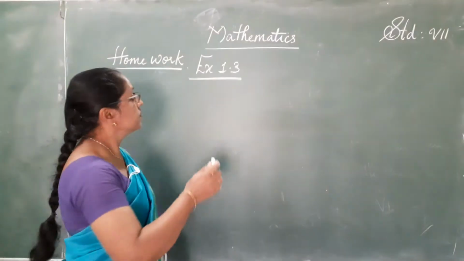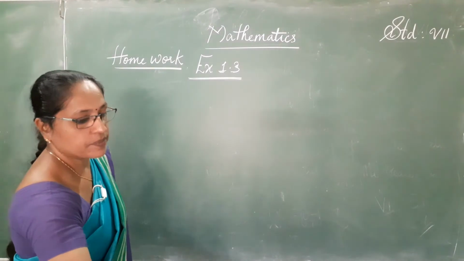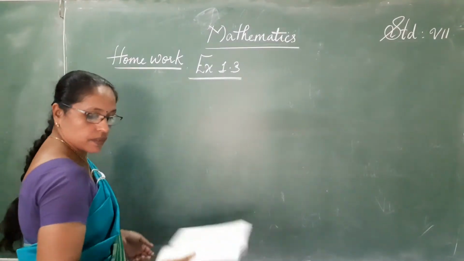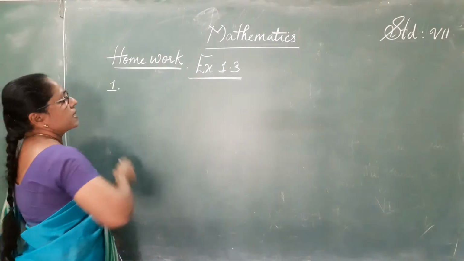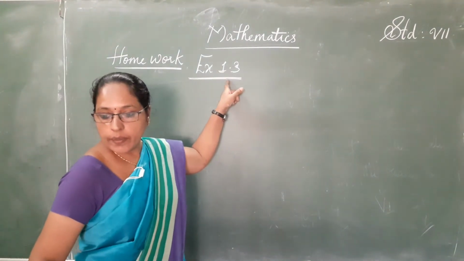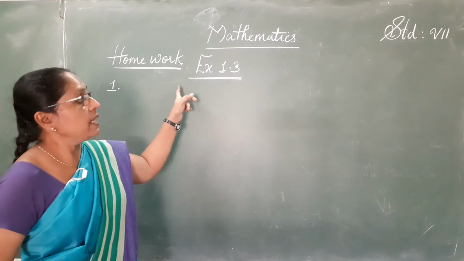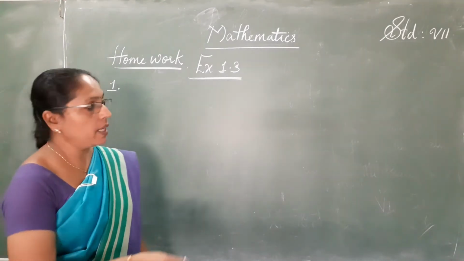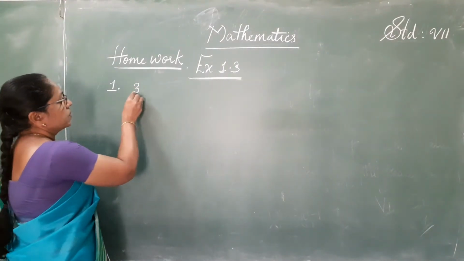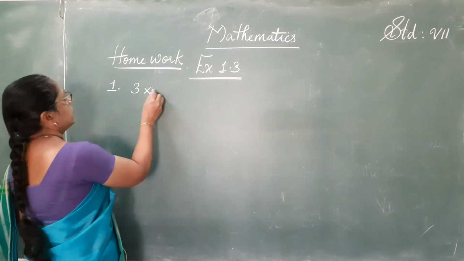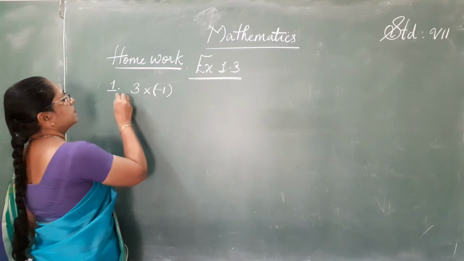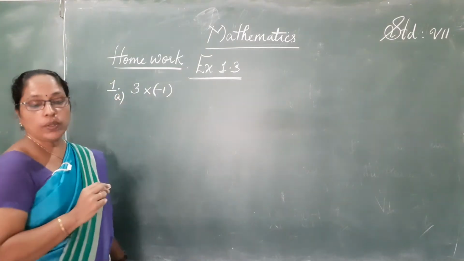Okay, question number 1. Exercise 1.3, question number 1. Find each of the following products. First one, A part: 3 into -1.